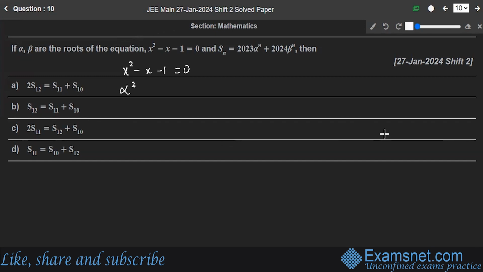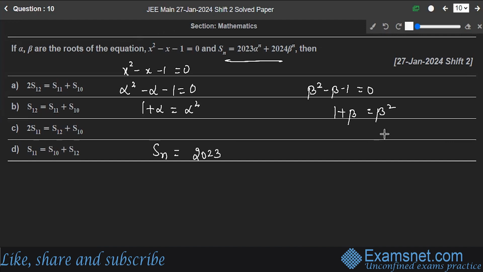So that means alpha square minus alpha minus 1 is equal to 0, or 1 plus alpha is equal to alpha square. Similarly, you have beta square minus beta minus 1 is equal to 0. So you have 1 plus beta is equal to beta square. So now you have Sn is equal to 2023 alpha power n plus 2024 beta power n. Okay.